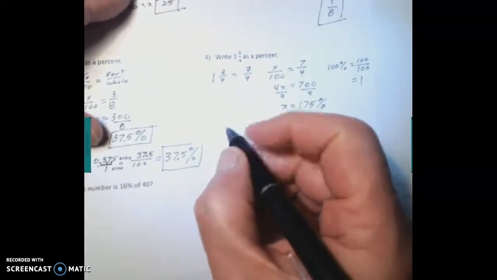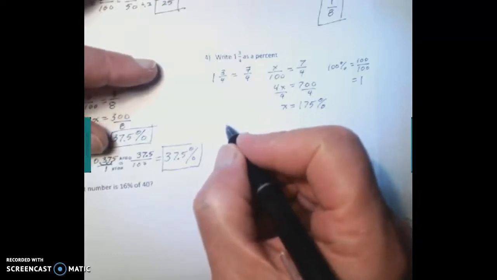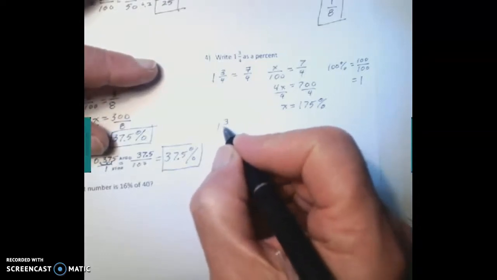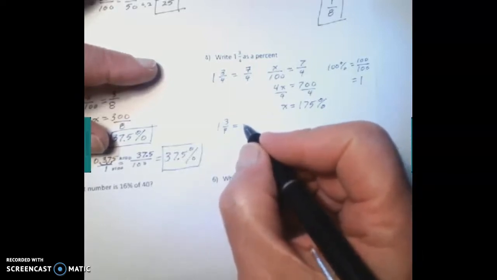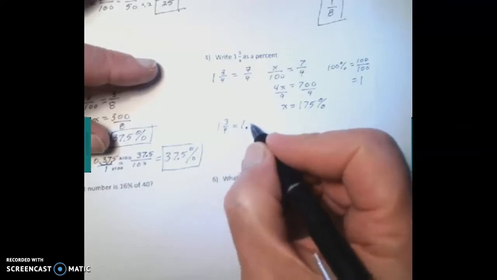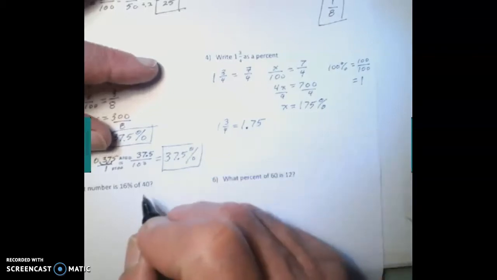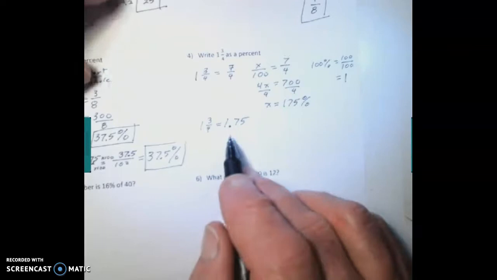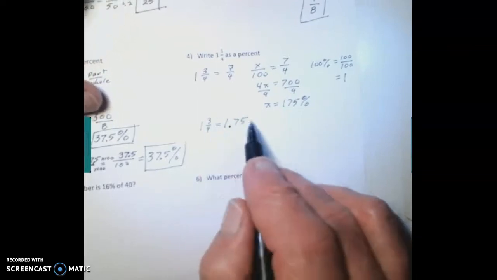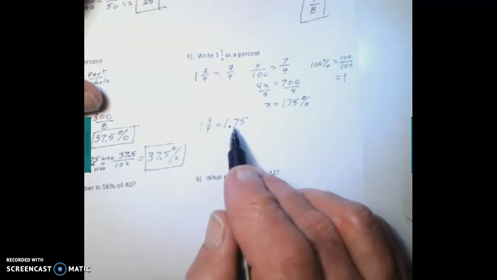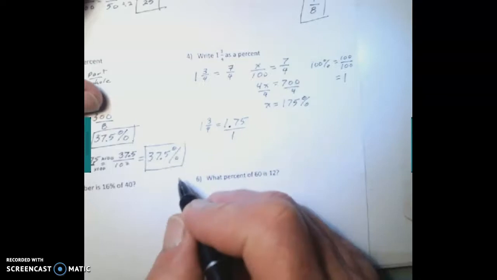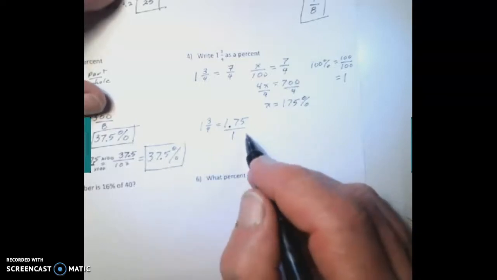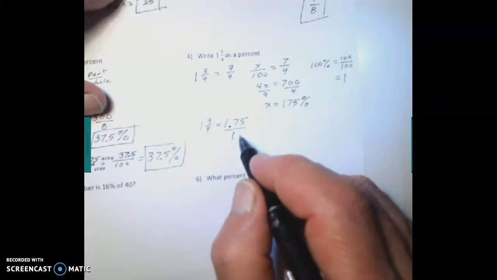Yes, you could. And I'd hope you guys would know what 3/4 is as a decimal. 1 3/4, do 3 divided by 4, and you'll find you get 0.75. We have a 1 in the ones column, so this is 1.75. If you wanted to make it look like a fraction, you could put a 1 under it. But what we really need is for this to be over 100.